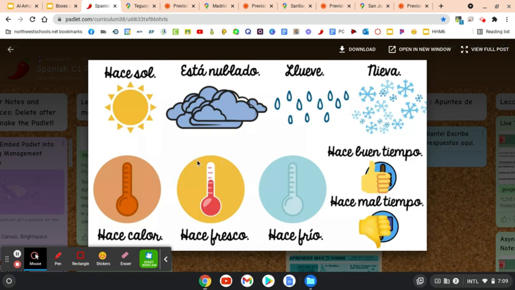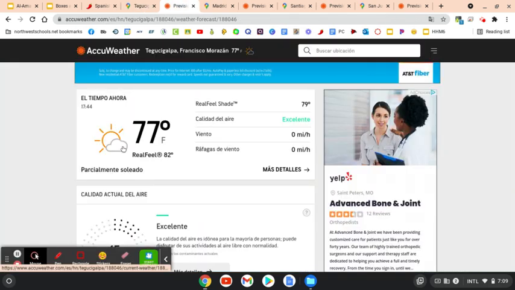Clase, en mi opinión, hace fresco en Tegucigalpa, Honduras. Hace fresco. Now, some people might think hace calor. That would be fine too. En mi opinión, hace sol y está nublado y hace fresco.